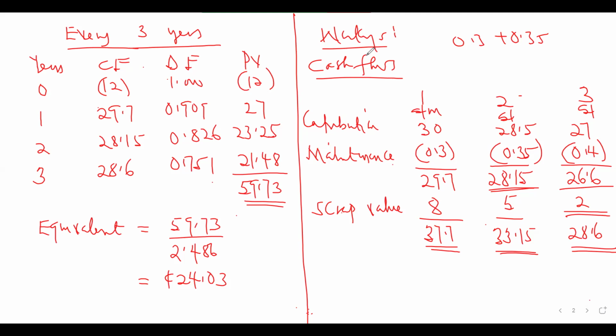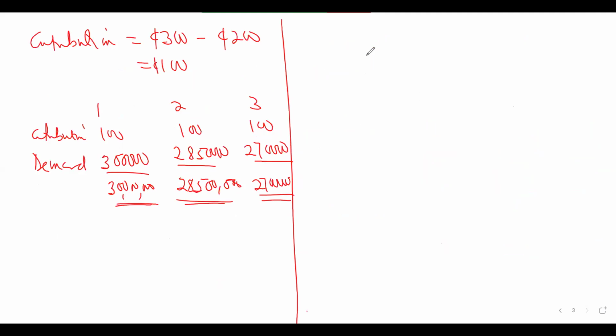Okay, so let's find the present value of that one. So let's find the cash flow of that. Let's come to the sales. So let me just do the years here. We have year 1, year 2, year 3, and year 4.